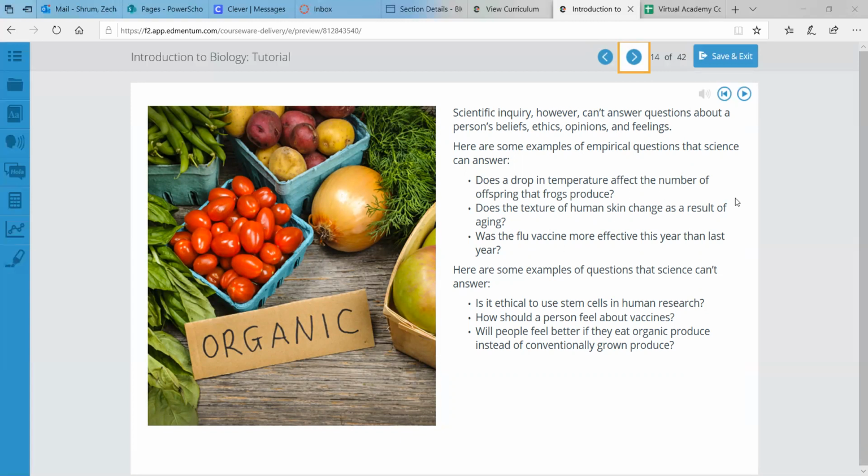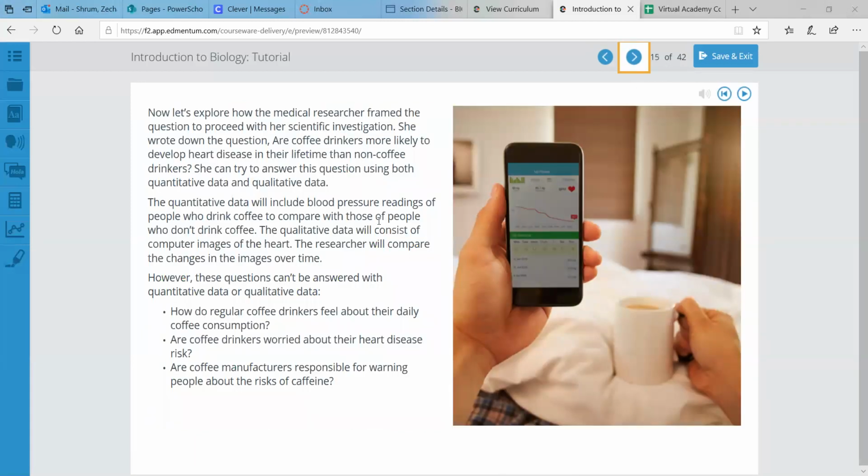But here are some of the examples that are good questions for science. And here are those that science cannot take on. It's just, science is limited in that way. It can only help us measure our natural world, not the world inside of our head, our ethical realm of what we should and shouldn't do. That's for us to determine. Sorry, had to get deep, existential almost.